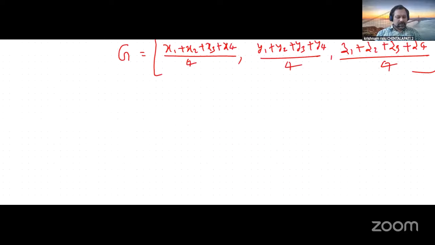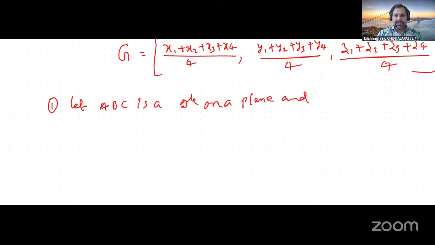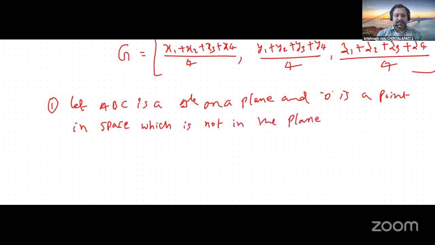Let ABC be a triangle on a plane, and D is a point in space which is not in the plane of triangle ABC.